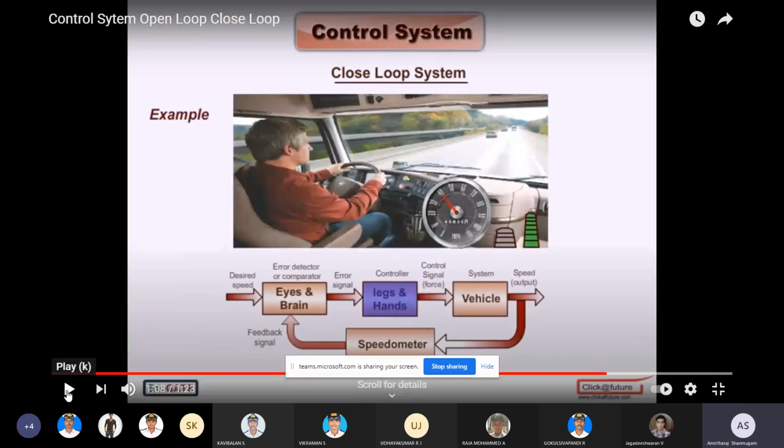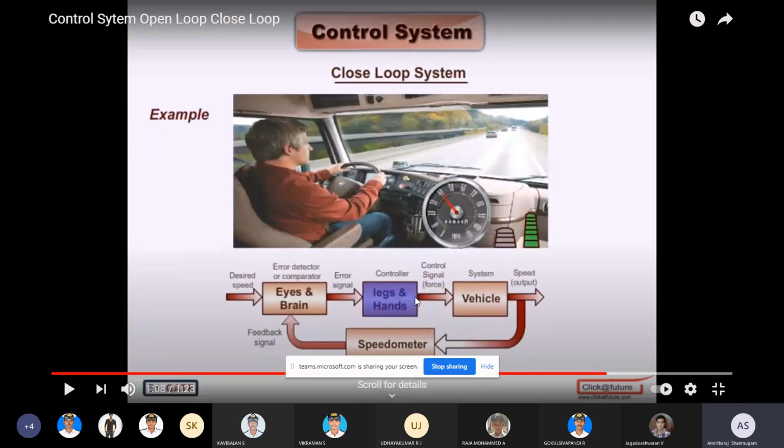So the important system for a closed loop control system: the vehicle speed, if you need to control it, is measured with the help of the speedometer, and the eyes and brain are acting. The error is detected and an error signal is generated. We can limit the speed manually, applying the controller with the help of legs and hands, and the vehicle will move.